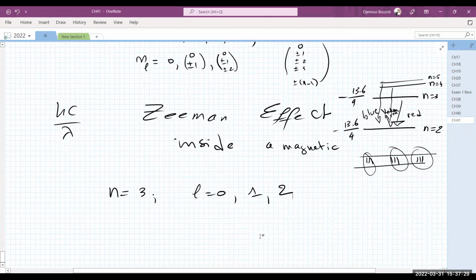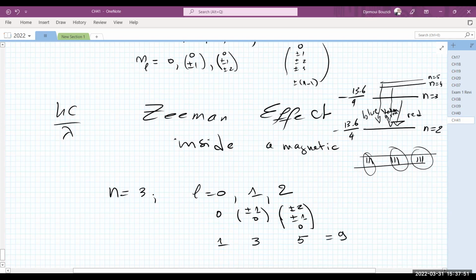ML also can be 0 in here. In this case, you have plus or minus 1 and 0. And in here, you have plus or minus 2, plus or minus 1 or 0. So you have a total of, let's count them, 5 possibilities here, plus 3, plus 1, that's 9. 9 different quantum choices for your L and ML, all corresponding to the same value of n equals 3, the same energy, which is negative 13.6 divided by 9.